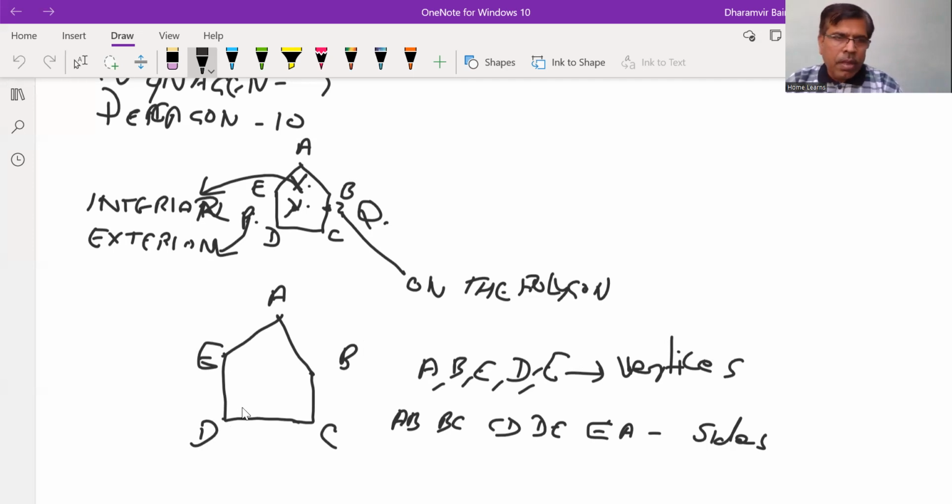Like this is a diagonal here, DB. DB may be a diagonal.